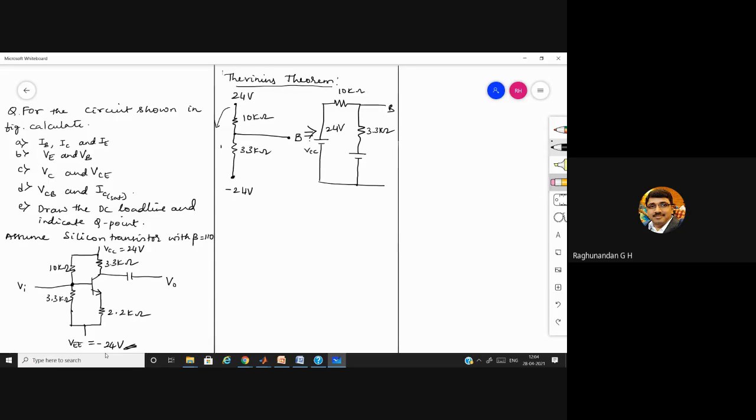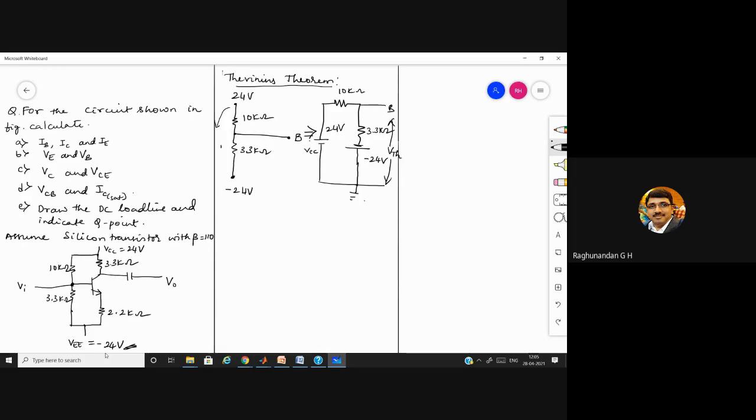So it will be negative, minus 24 volt. Now we need to find the voltage here. That will be our Thevenin voltage. And this will be the ground.